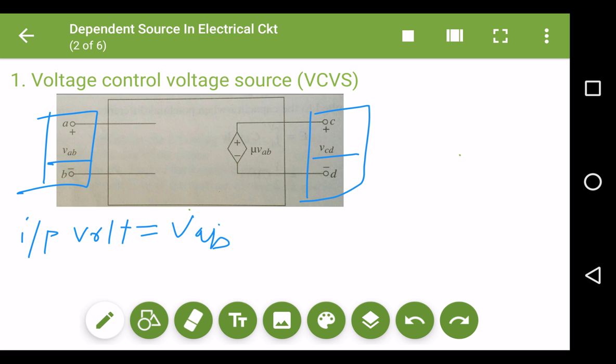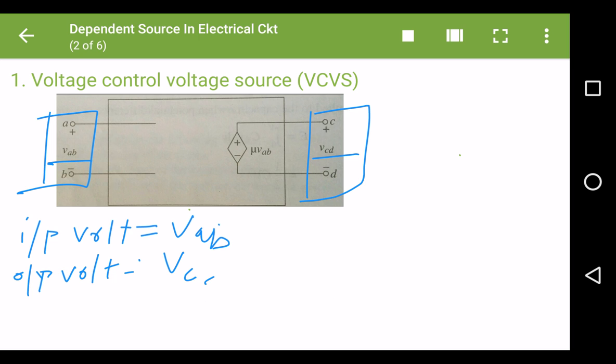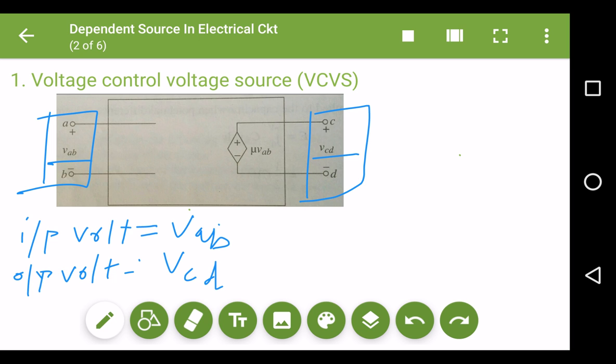So my output voltage is VCD. I have to control the output voltage VCD by changing the input voltage, that is VAB. That is why we call it a voltage control voltage source.